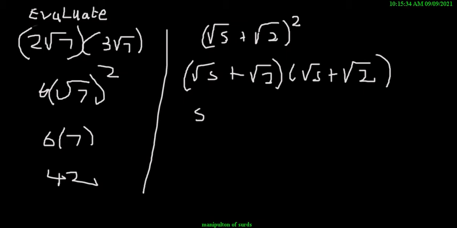Root of 5 times root of 2 is root of 2 root of 5, and this is the same as this, so we're going to add them, making it 2 root 10.